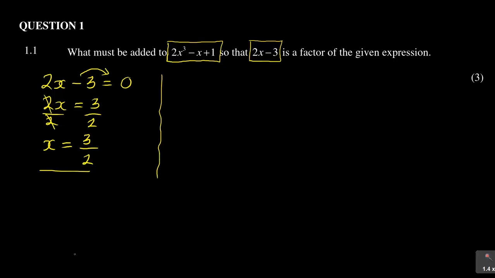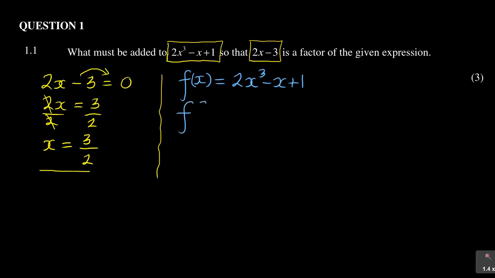Now they are saying you are given this expression. Let's call this expression f of x. So your f of x is 2x cubed minus x plus 1, which is what you're given. Now they are saying what must be added to that so that 2x minus 3 is a factor. For it to be a factor, remember the factor theorem.